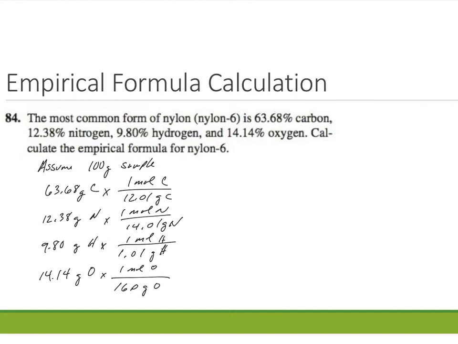Now you'll notice I'm being a little bit fast and loose with the number of significant figures. That's because when we go to do our ratio, we're looking to get whole numbers. Sometimes it's better to be a little more generous on your molar masses than you would normally be. So let's do the calculations here.